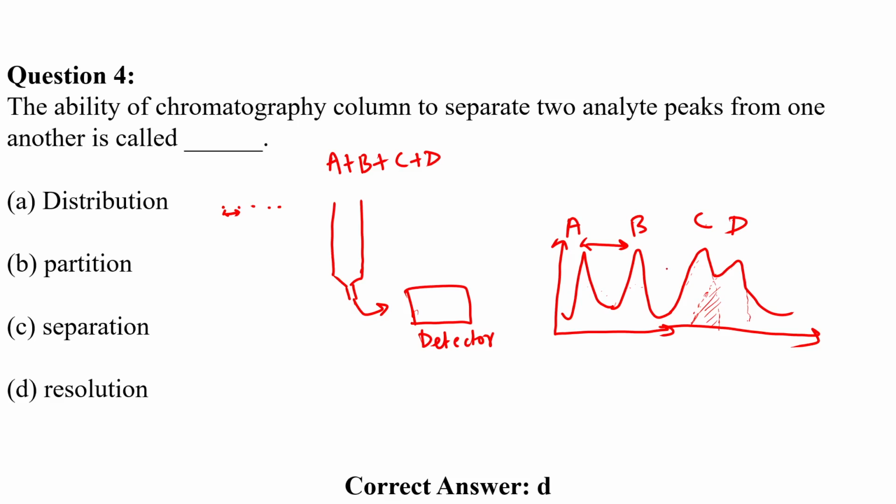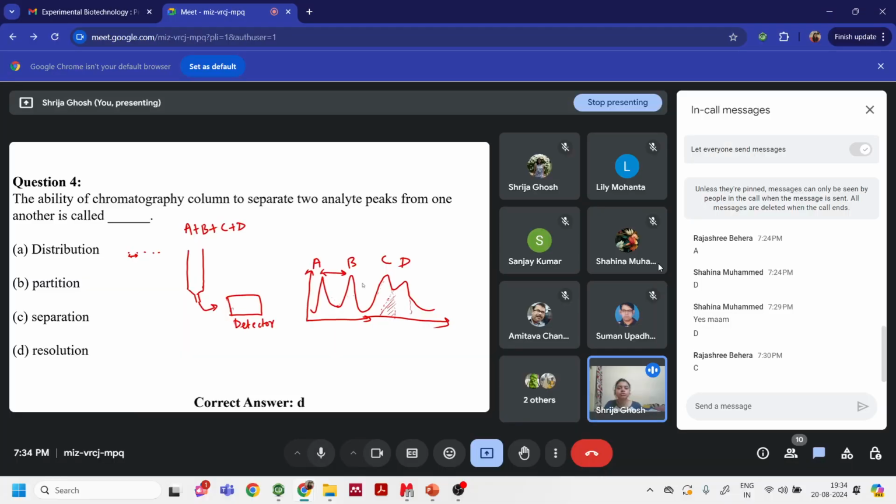What your detector has detected is shown to you in the form of a picture, a graphical representation, right? So that graph is used to see whether the resolution is good or not. So I hope the term resolution is clear first of all, and then what resolution means in terms of chromatography.